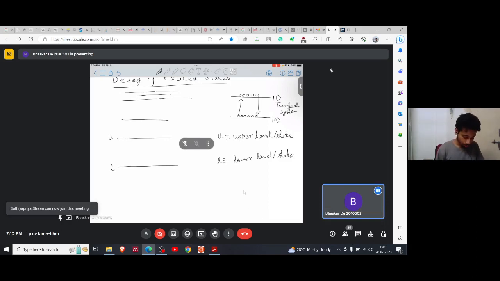Basically, at a certain point of time, we can think of the population at the lower level as N_L and at the upper level as N_U.